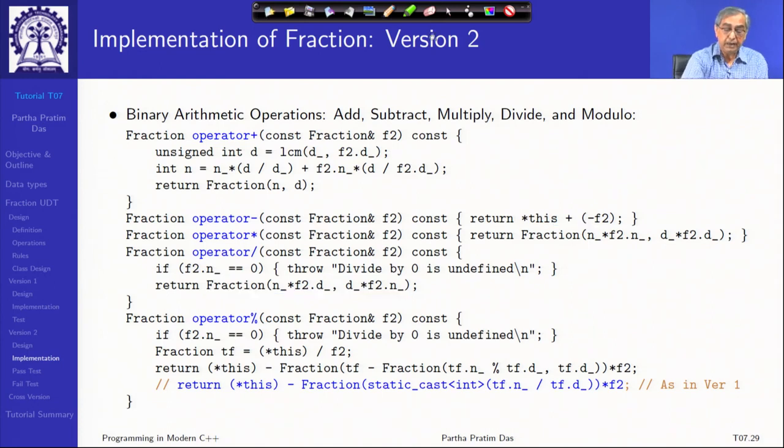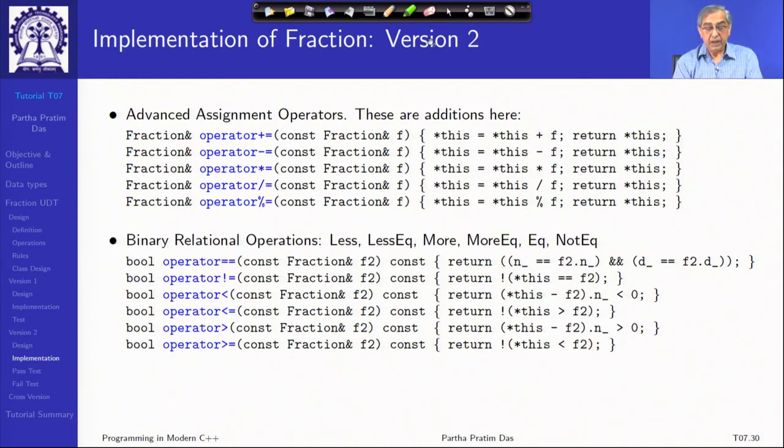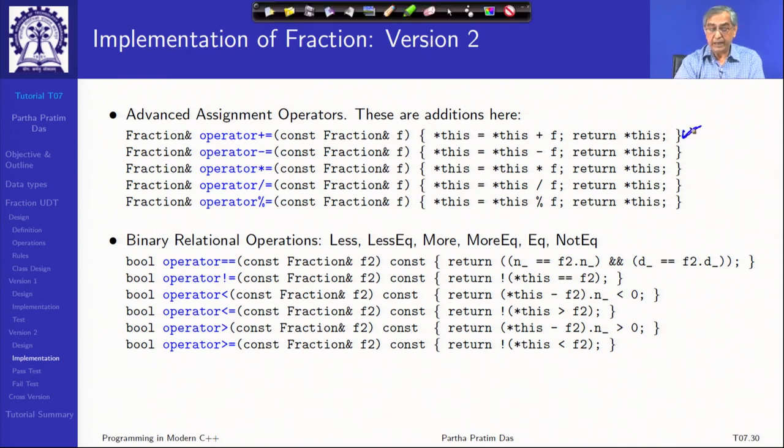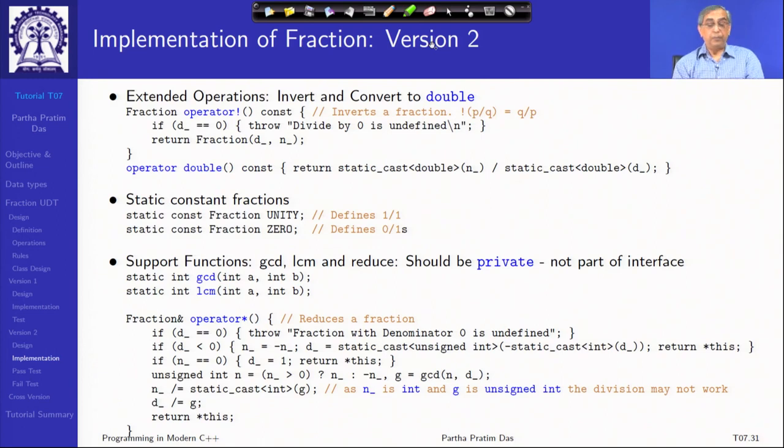Go through this and you will have a good sense of this, and you can see how in just 2 lines you can write the advanced assignment operators, how quickly you can write the Boolean, the relational operators and so on, and everything is now in terms of operators as for your int type. So, this is your complete implementation.